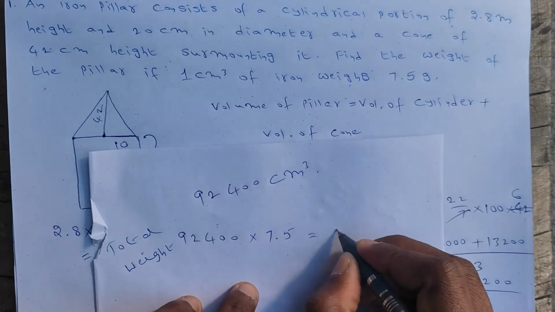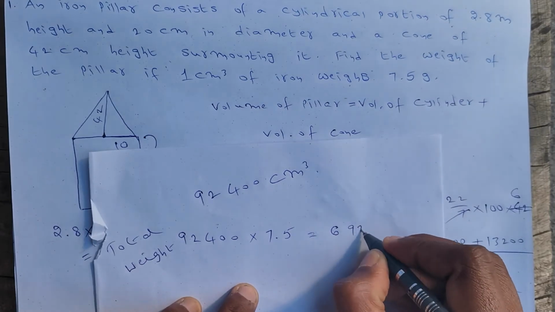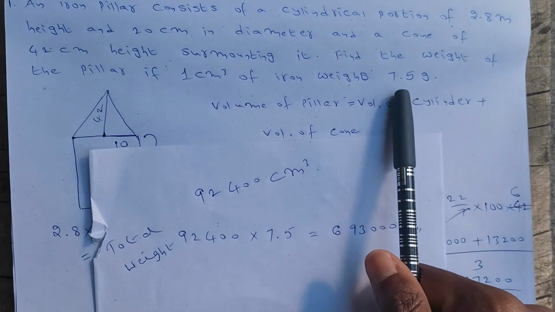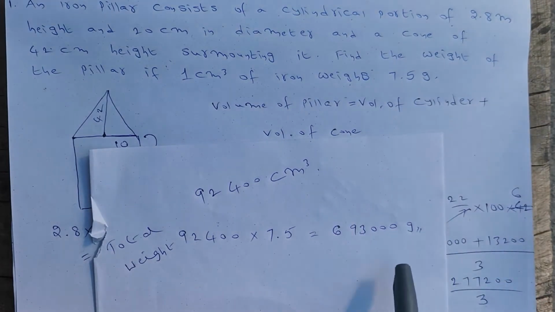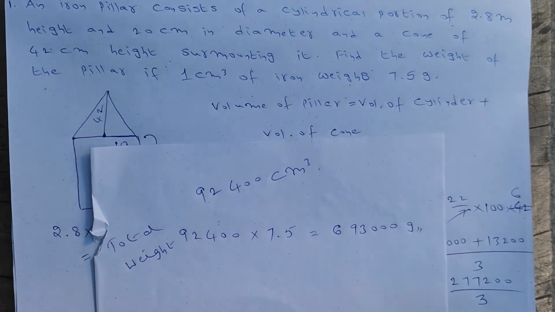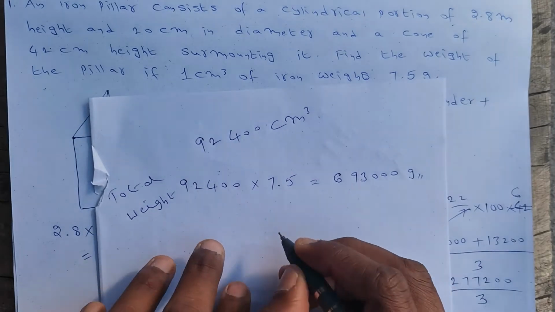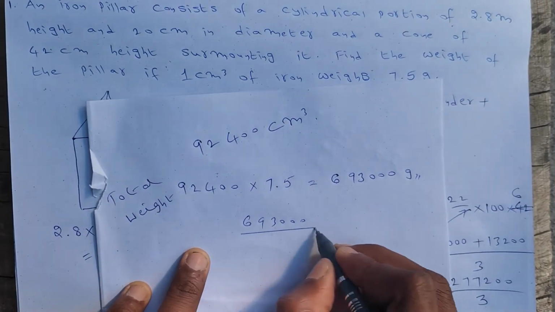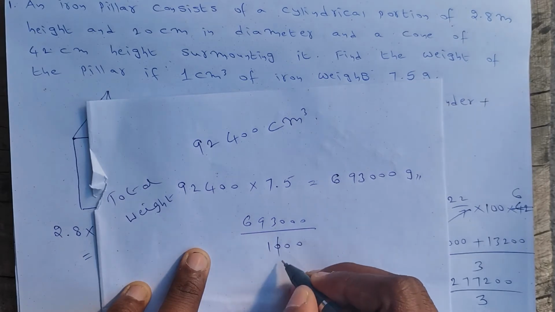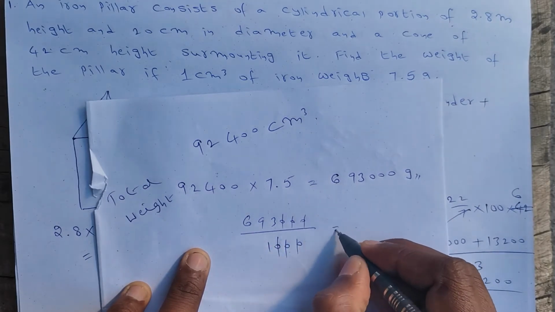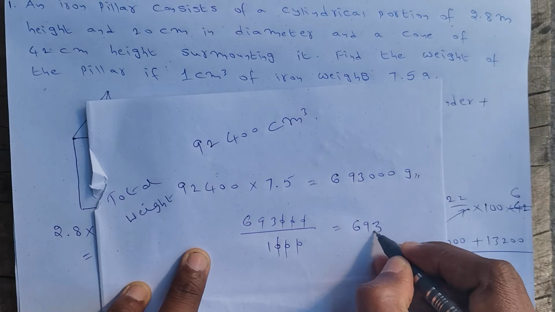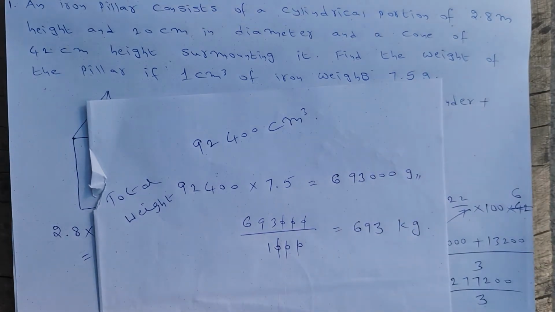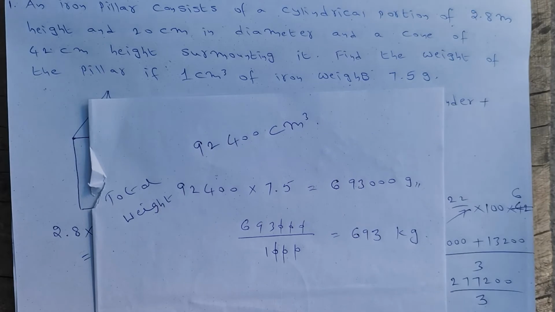That is nothing but 693,000 grams, because he gave 7.5 grams only, so that's why here also we get grams. If you want to convert this to kgs, then 693,000 divided by 1000. Here 3 zeros and here 3 zeros will get cancelled, so we remain with 693 kgs. So the weight of the total iron pillar is 693 kgs.